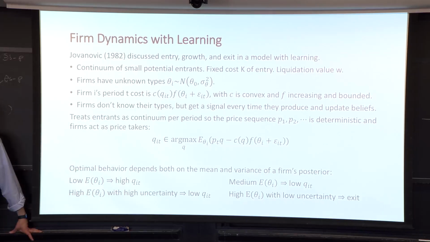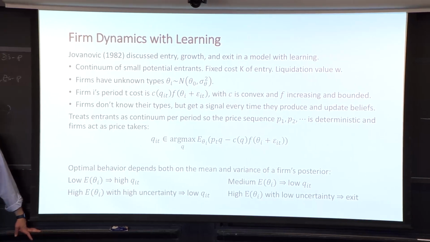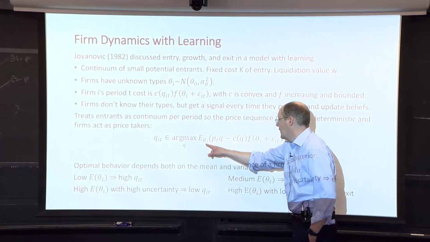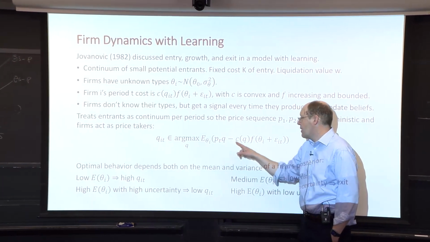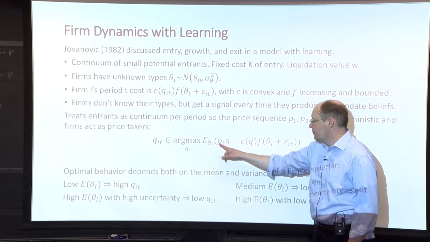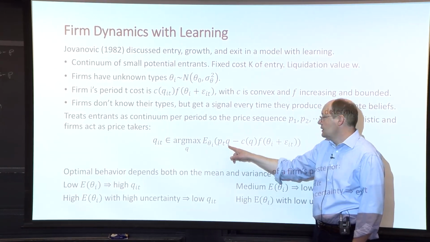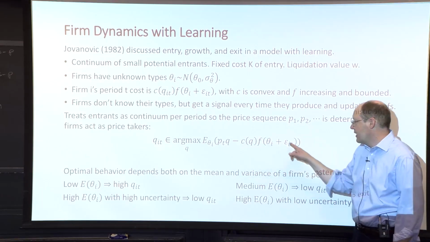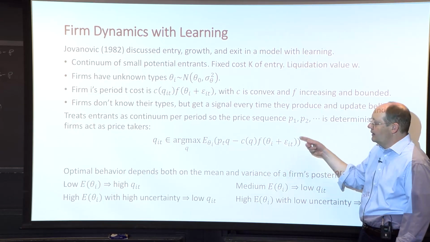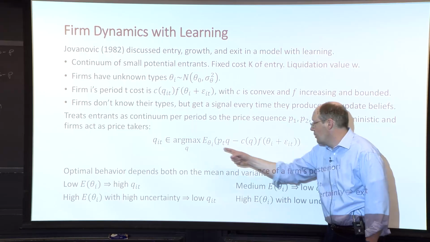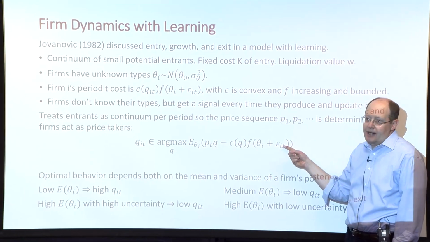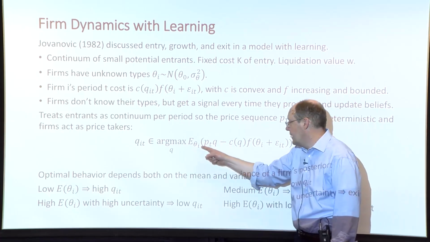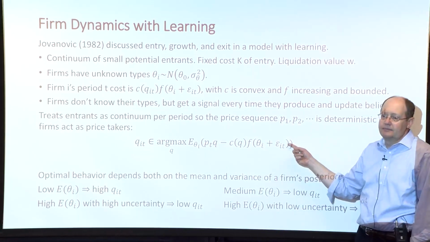He also assumes the firms are all price takers and they're just choosing Q to maximize the expectation over theta I of the profits I'm going to get this period, which is PT, which I know, times Q minus my cost of production C of Q times f of theta I plus epsilon IT. There's an expectation here because I don't know theta I, and epsilon IT is also a random shock, so this really should be the expectation over theta I and epsilon IT.